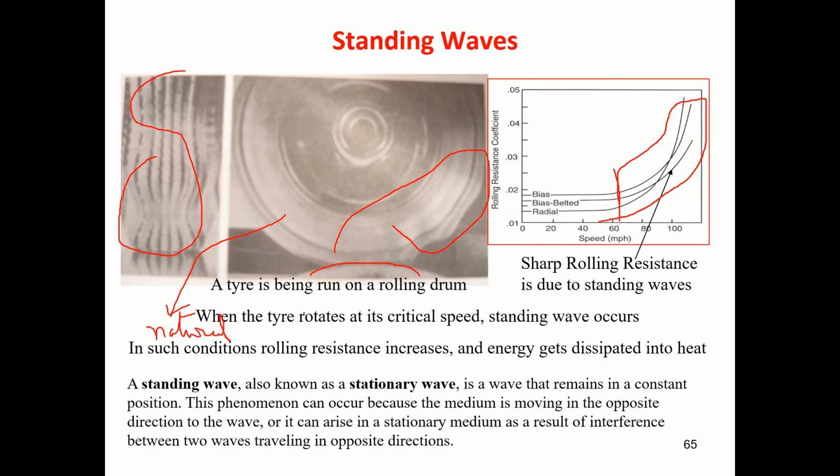So a standing wave, also known as stationary wave, is a wave that remains in a constant position. This phenomenon can occur because the medium is moving in the opposite direction to the wave, or it can arise in a stationary medium as a result of interference between two waves traveling in opposite direction. Correct?